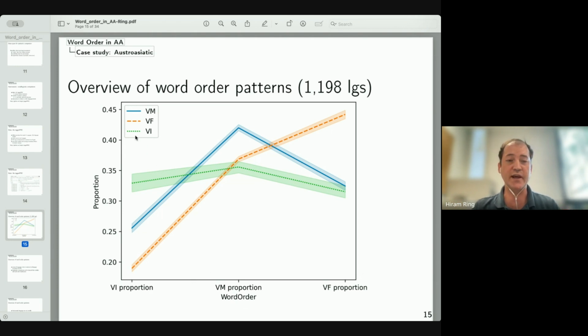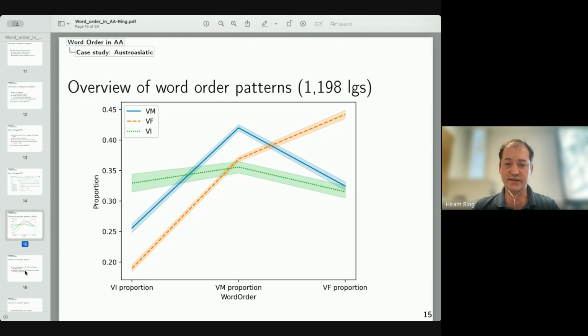So verb initial languages show this pattern where you have a lot more verb initial sentences than verb medial or verb final, in relation to verb medial languages. So you can see verb medial languages have the most verb medial sentences, and verb final languages have the most verb final sentences, if you look at counts across these corpora.